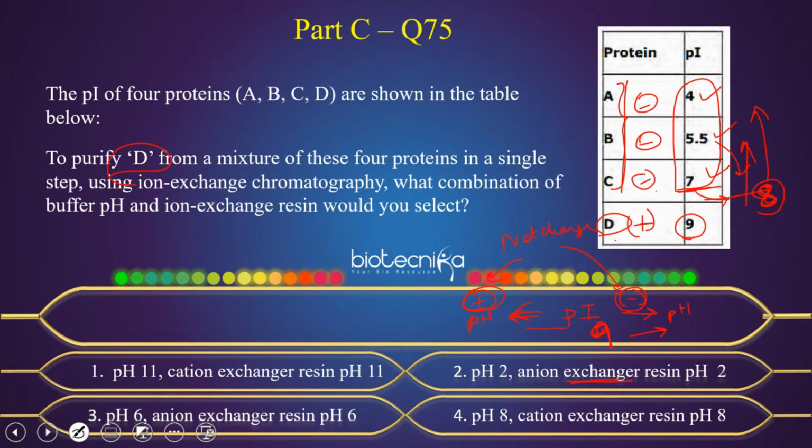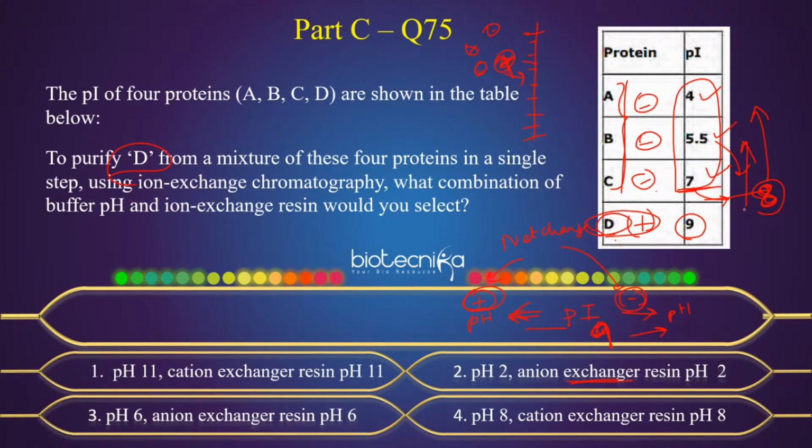Now, if you take a cation exchanger, which has a negatively charged column, and you pass A, B, C, D all through it, A, B, C are all carrying negative charge, but D is carrying positive charge. So D will get stuck. Got it? That will get attached to the column.